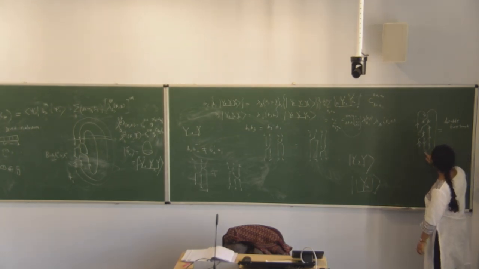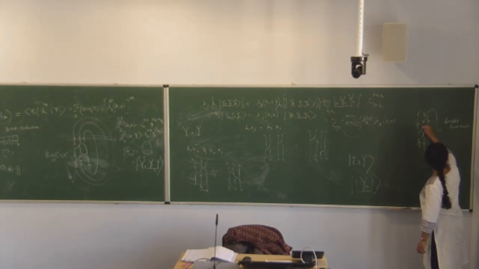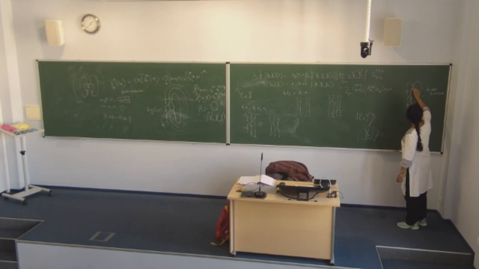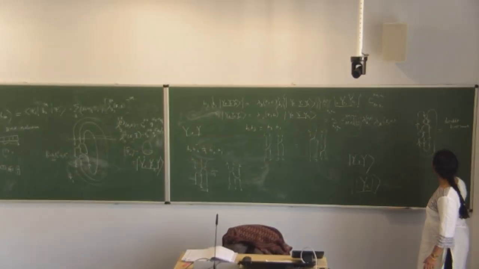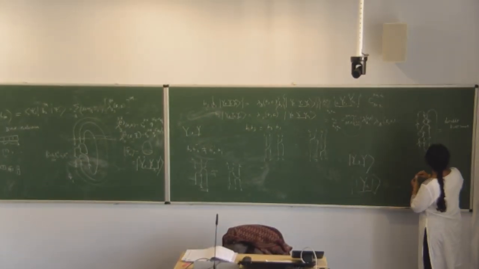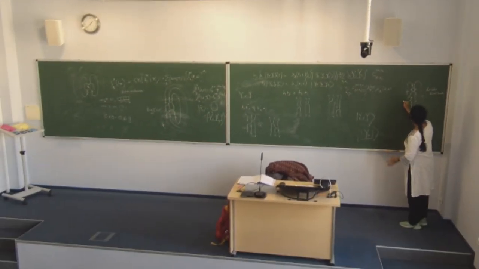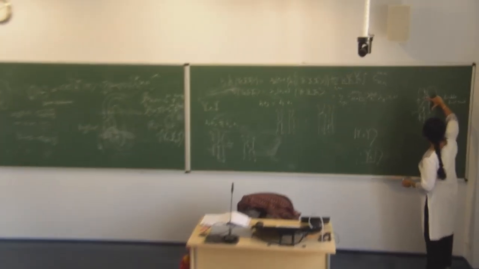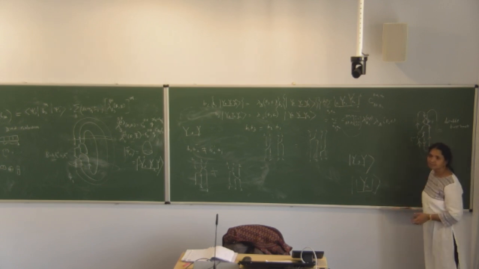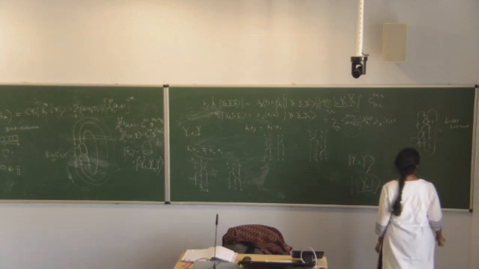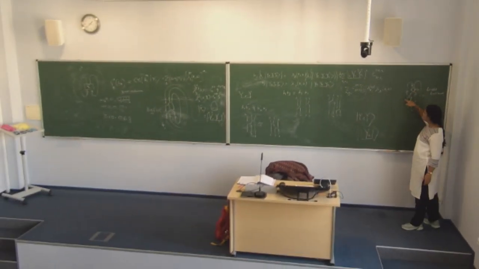Did I make a mistake? Yeah, I think this has to be an undercrossing. Sorry, I think. Anyway, you can figure it out. And both of them will be negative, right? And this one should also be positive, right? These are positive crossings and these are negative crossings.